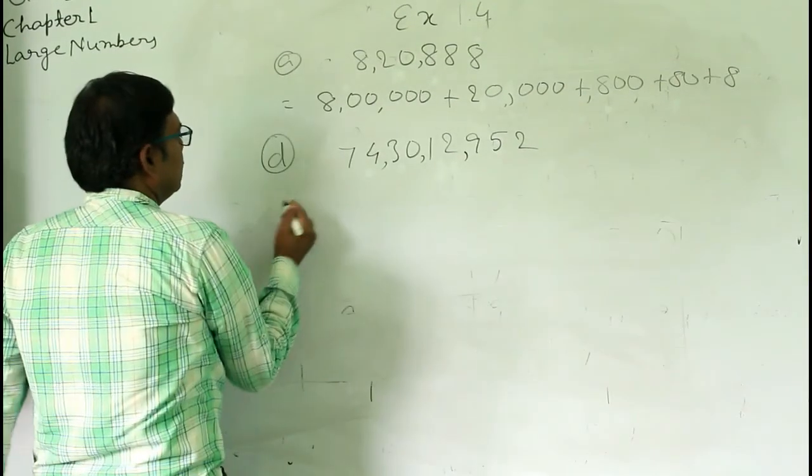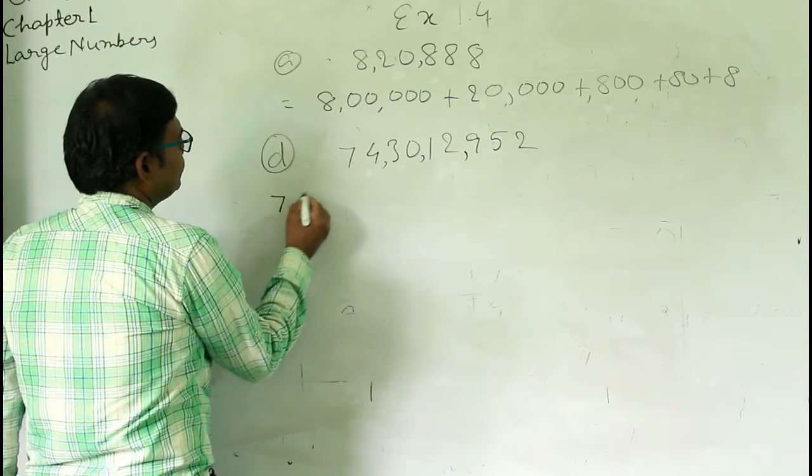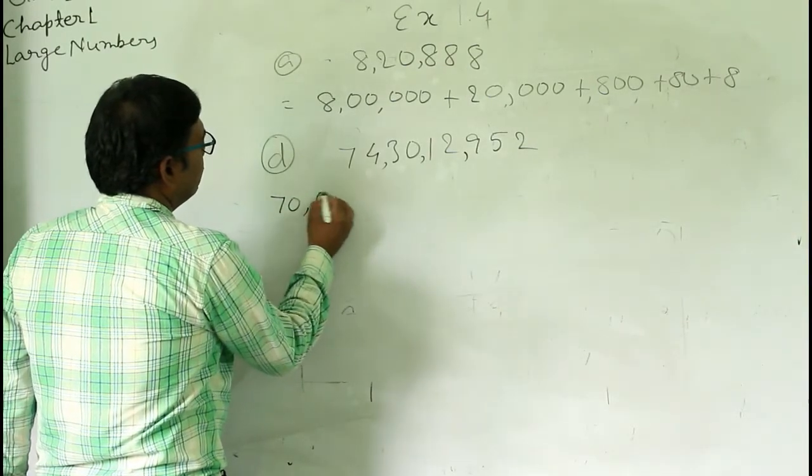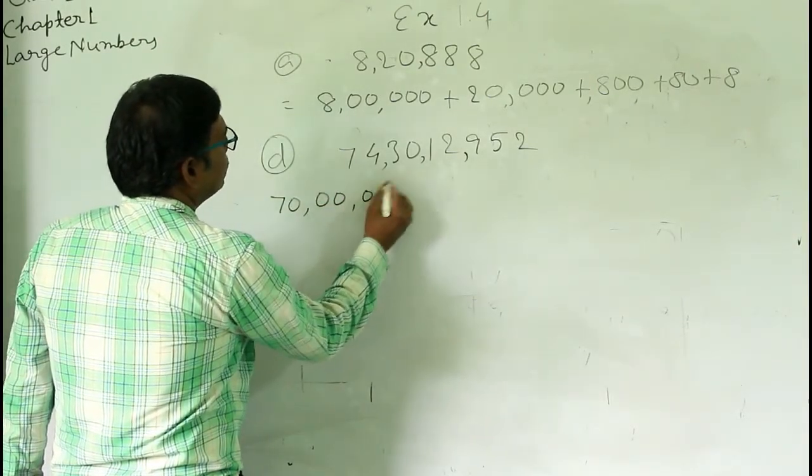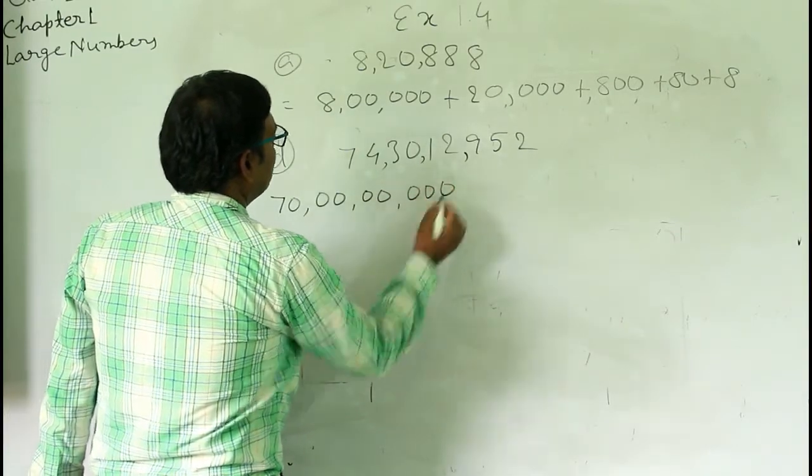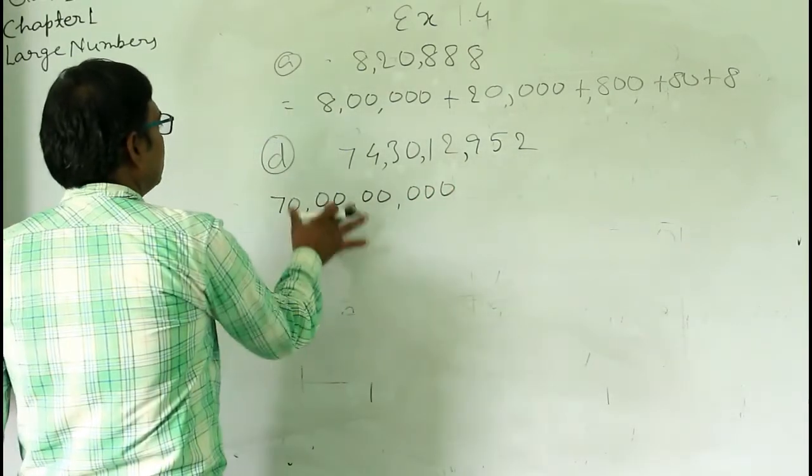Then it will be 7, and here you have 0, then double 0, then also double 0, and then triple 0. So this is the place value of this number.